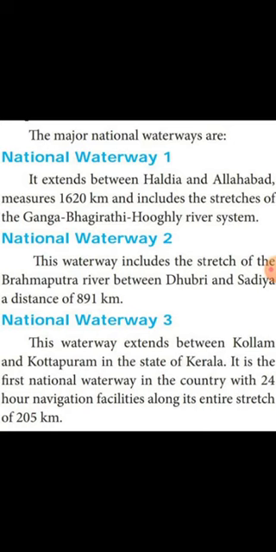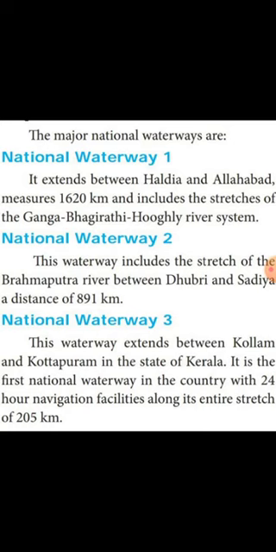It is the first national waterway in our country. Which is the first national waterway in our country? National Waterway 3. Okay, 24 hours navigation facilities are there in this waterway. The distance is 205 kilometers.